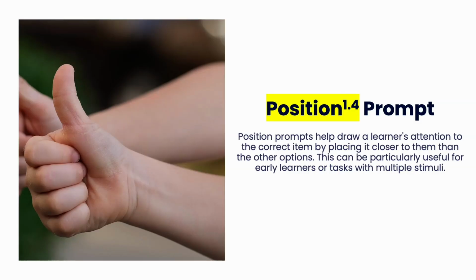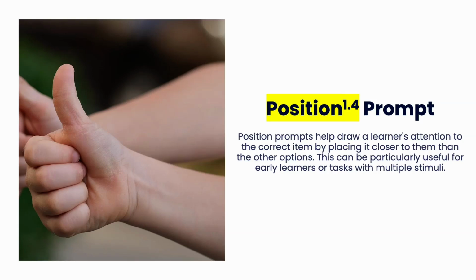Positional prompts help direct a learner's attention to the correct item by placing it closer to them than the other options. This can be particularly useful for learners or tasks with multiple stimuli. Everyone goes with flashcards, right? So you're working with flashcards. You put the correct flashcard closer to the person than the other distractors. This can be used in many different contexts.